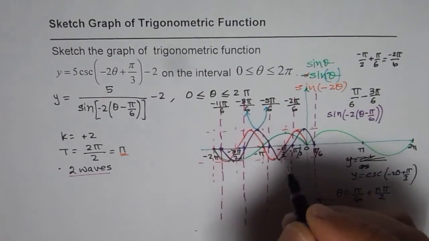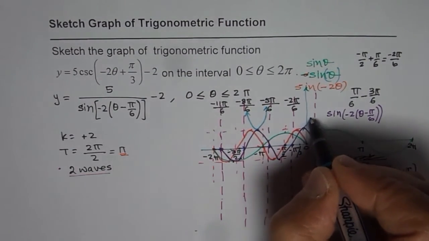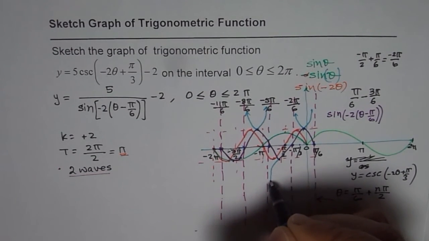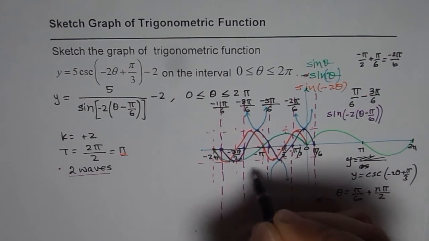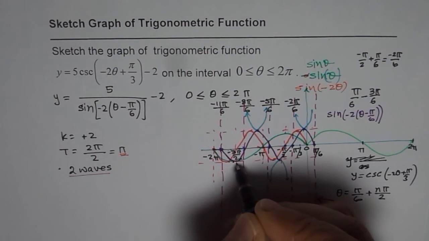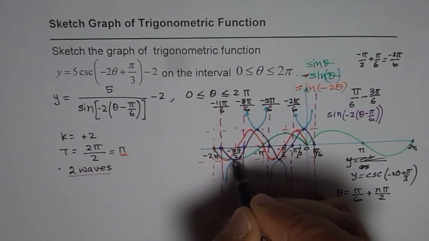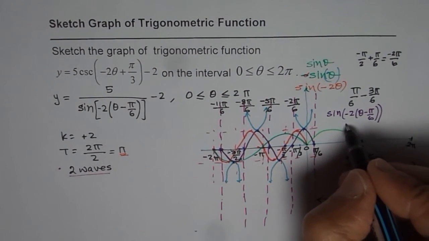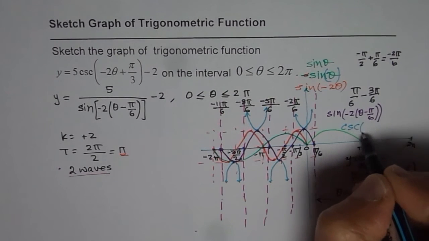So that is your secant function on this side. Do you see that? Okay. So that is your secant function without vertical stretch and compression. So I should say this graph is for cosecant all this.